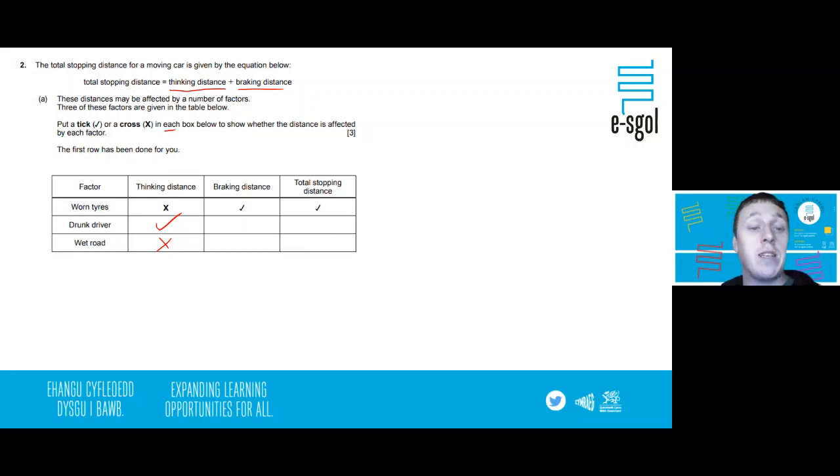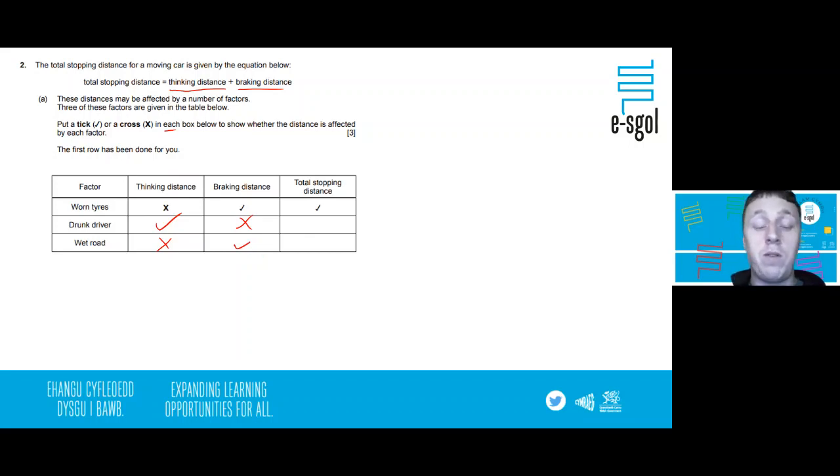If we think of the braking distance now, so this is the brakes have been applied. A drunk driver, once the brakes have been applied, there should be no effect on the ability of the car to brake it down to a complete stop. A wet road, however, once the brakes have been applied, it would have an effect on the friction and on how much it can slide along the surface, so we put a tick.